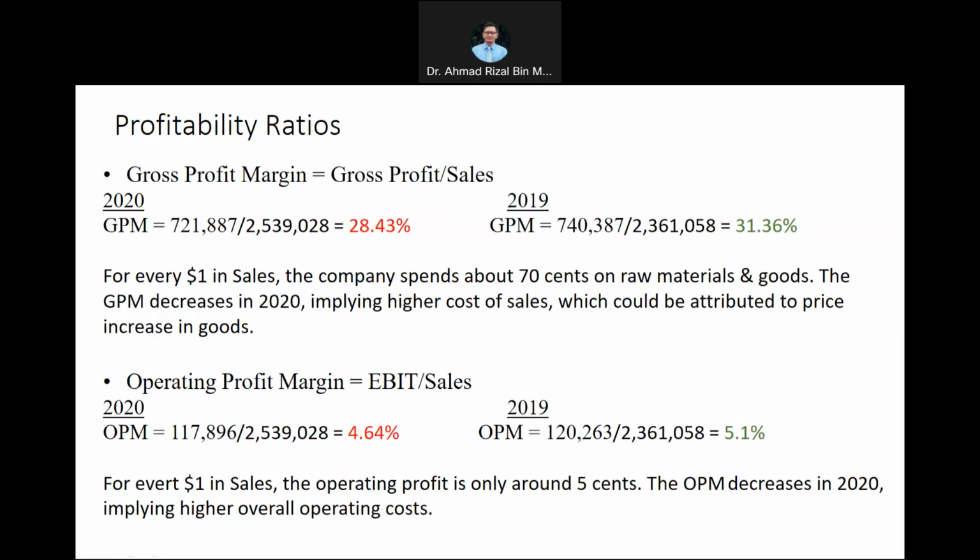So for every $1 from your operations, which include cost of goods sold, expenses, depreciation and whatnot, the operating profit is only around 5 cents, which looks small.